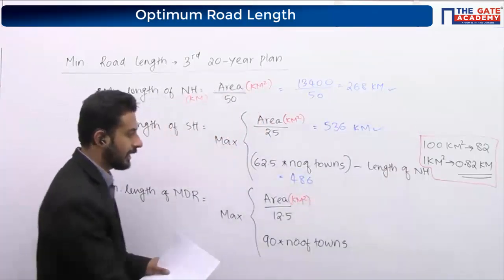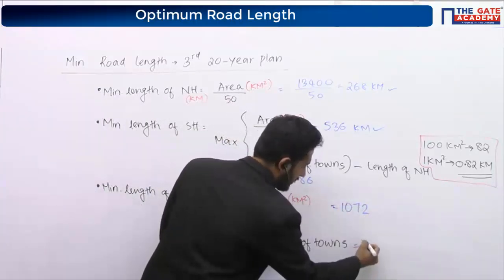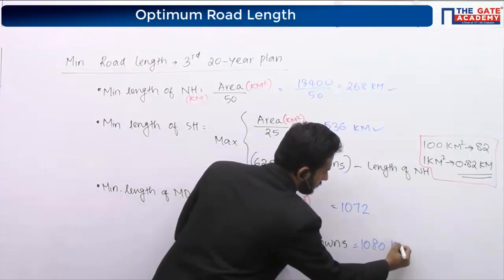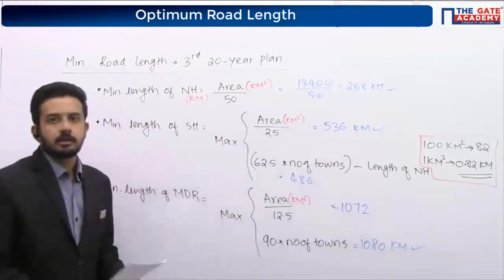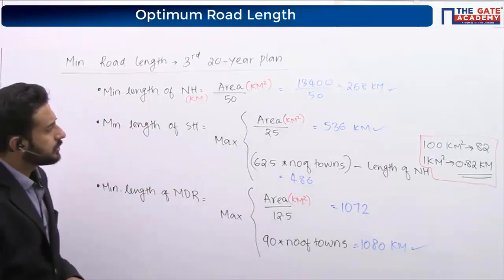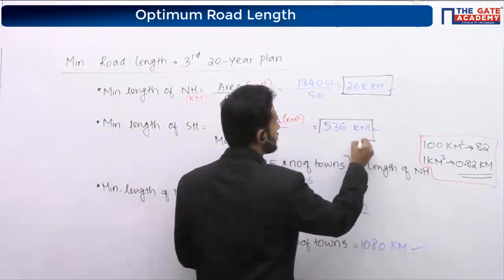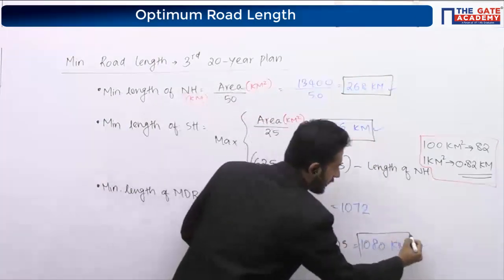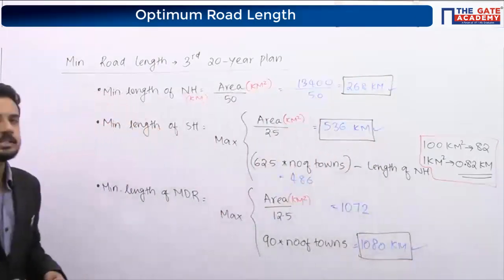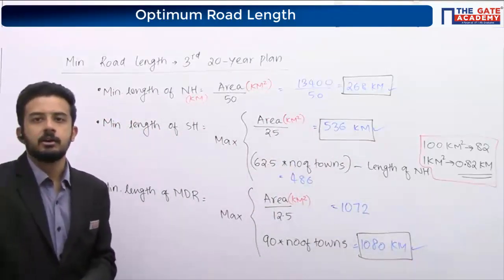Then the last one, if you calculate, this will be 1072, and this will be 1080. Correct now? So what are the three values you are getting? 268, 536, 1080. So these three equations have been given by the Lucknow road plan, not the other thing.